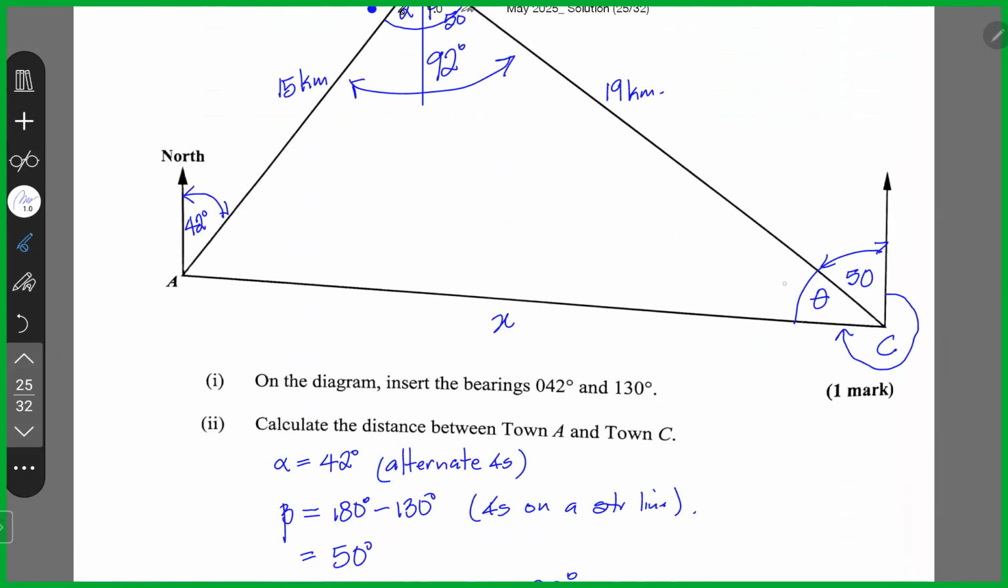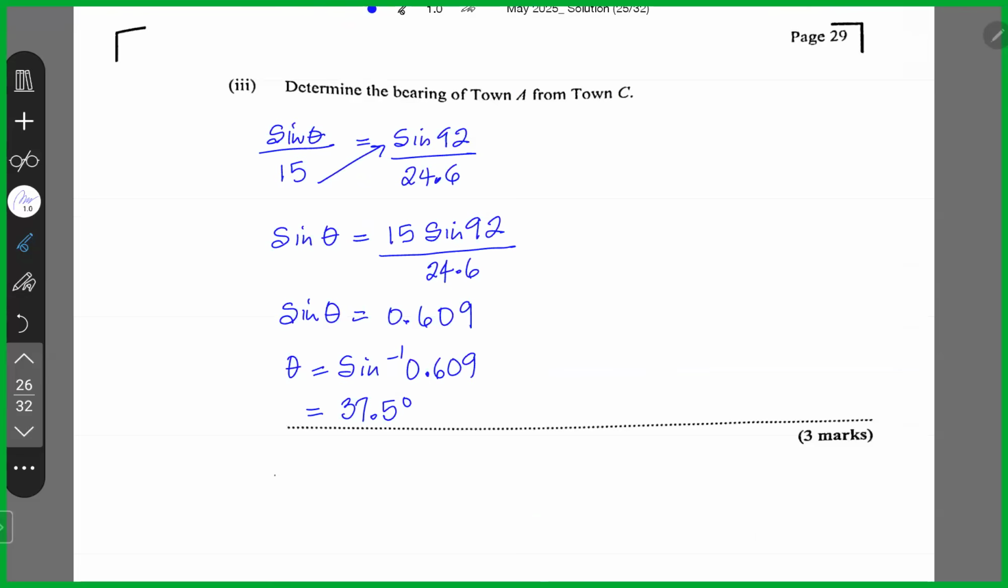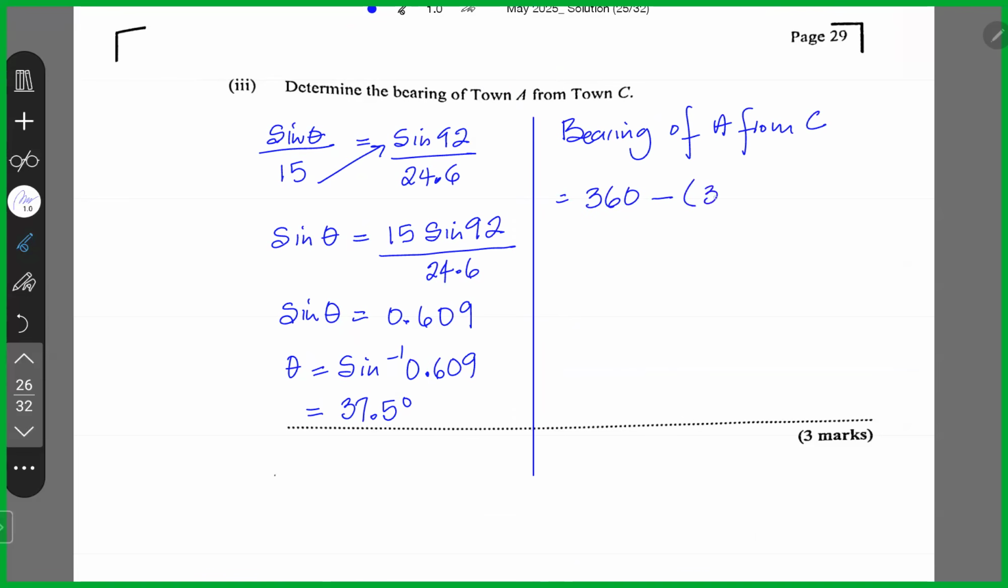This is 38 degrees. This is 50 degrees. And the remainder of this angle is the bearing of A from C. Now, the bearing of A from C is equal to 360 minus 38 plus 50.